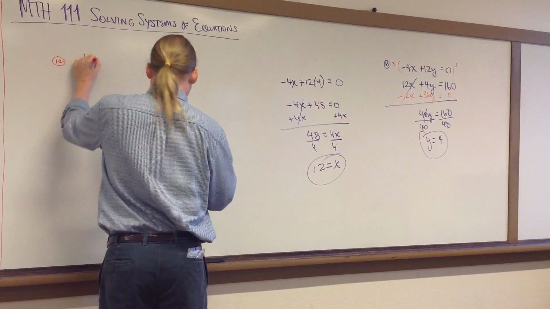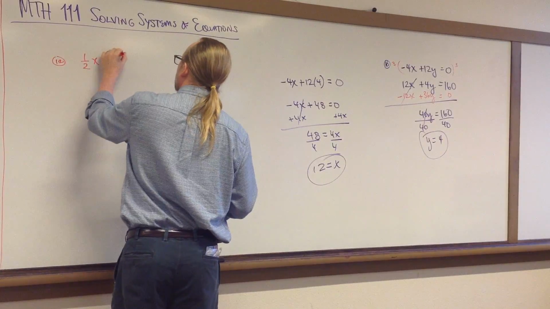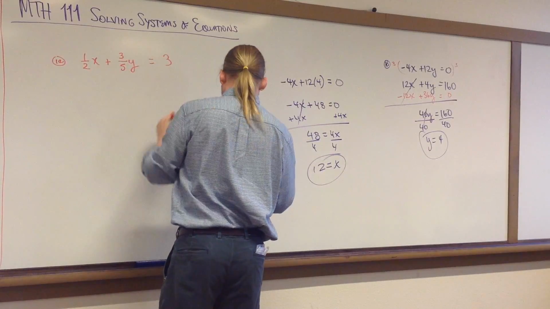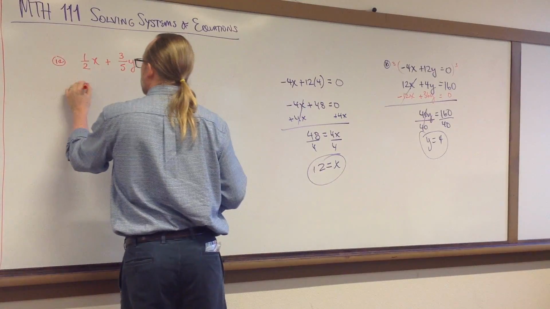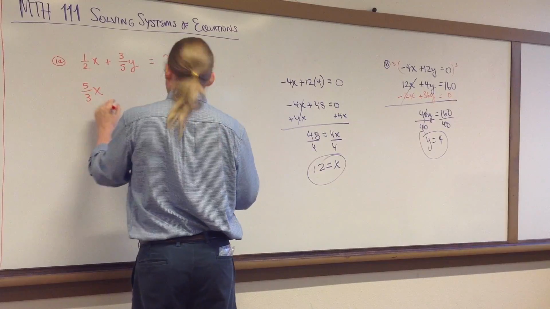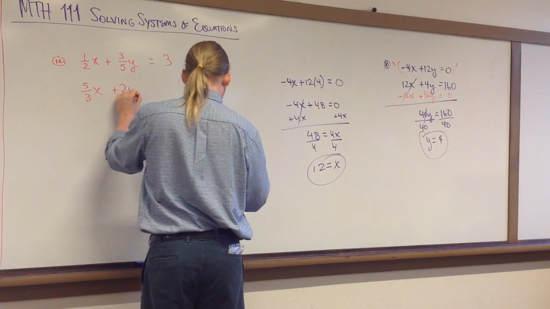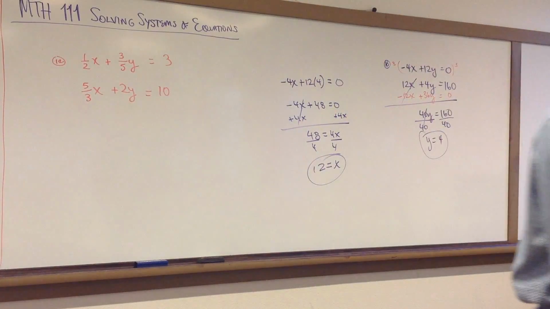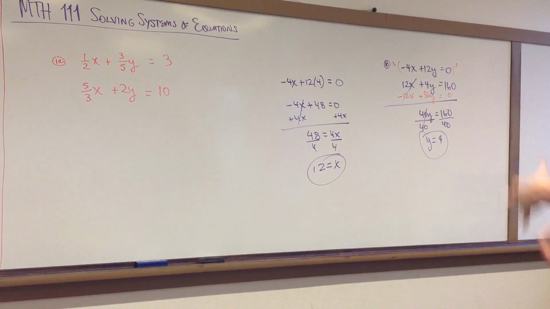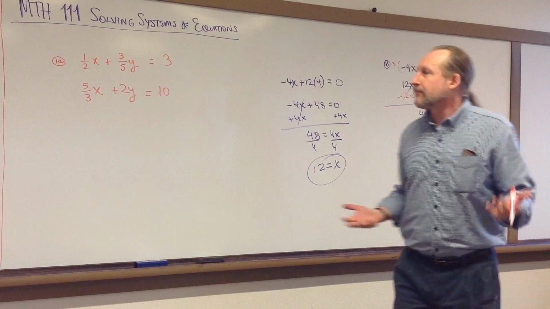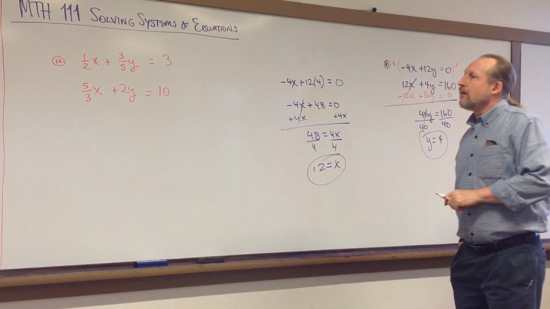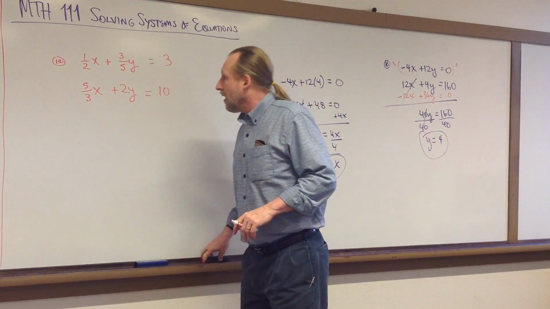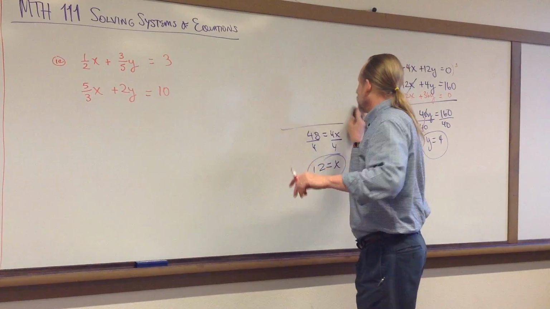So, a half x plus 3/5 y equals 3. 5/3 x plus 2y equals 10. Well, we don't have an obvious situation for either substitution or elimination. I'm going to use substitution here.